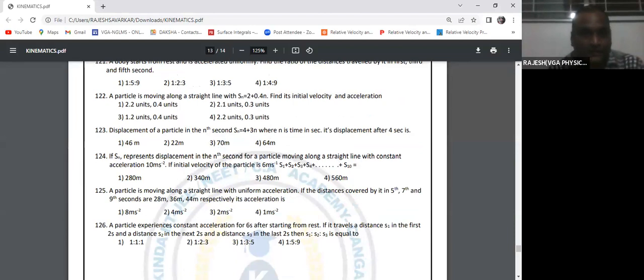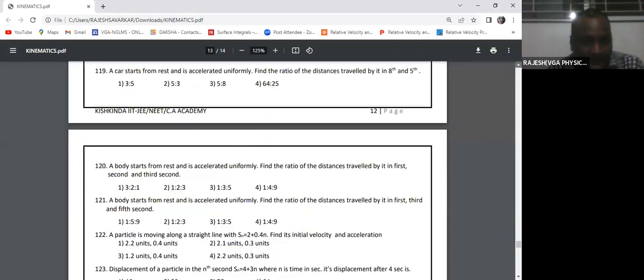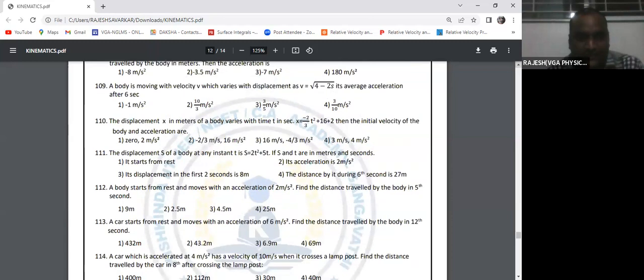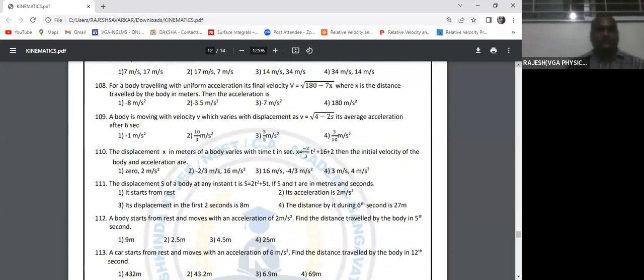So you have to try these fifth Roman questions a little bit. Generally, they will give two situations. If you are taking S equal to 111, 110, 19 and 108, V square minus U square is equal to 2AS, or V square is equal to U square plus 2AS. That means here you can say U square is 180, 2A is minus 7. From that you can say A is equal to minus 3.5. Here U square is 4, 2A is minus 2, A is minus 1.